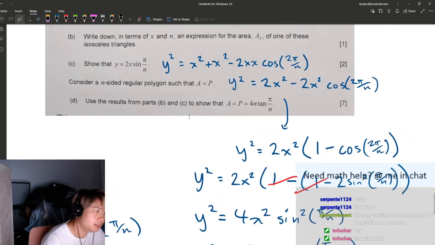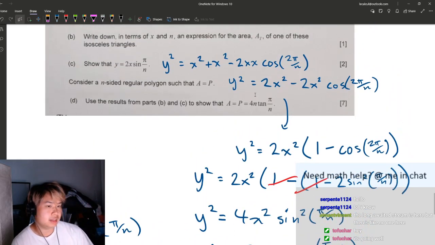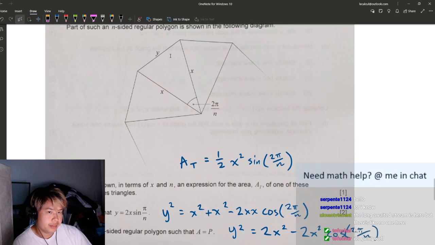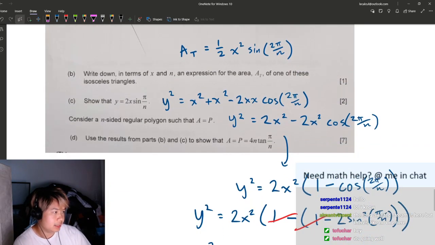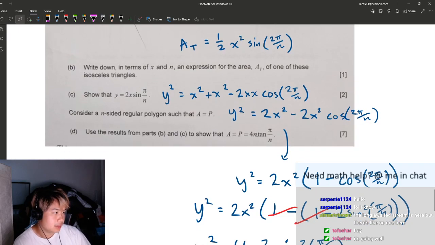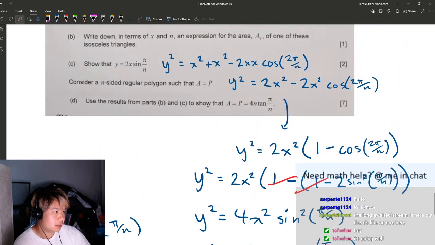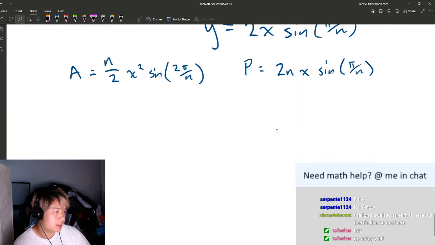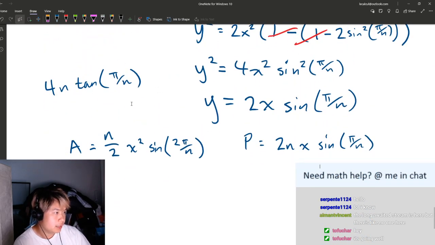Okay, well, here's the thing. Let's reverse engineer this. P. This is y, which is this. You know that there's n of them, so we're adding that n times. So it's n times y is the perimeter. So it's going to be 2nx sine pi over n. And then we want to change that. This needs to become 4n tan pi over n.